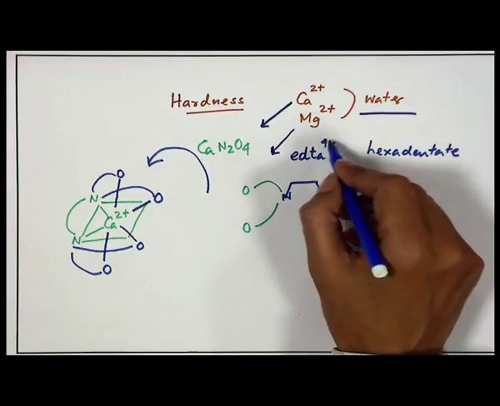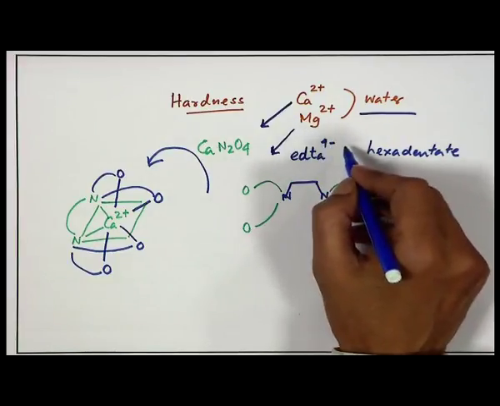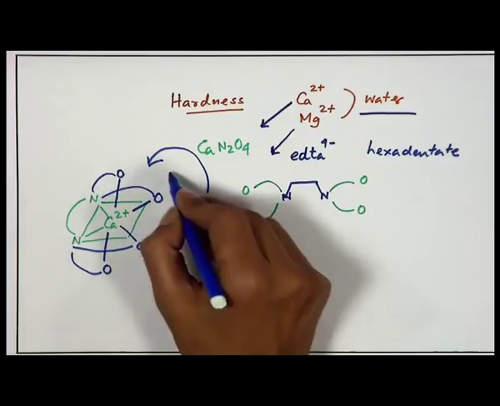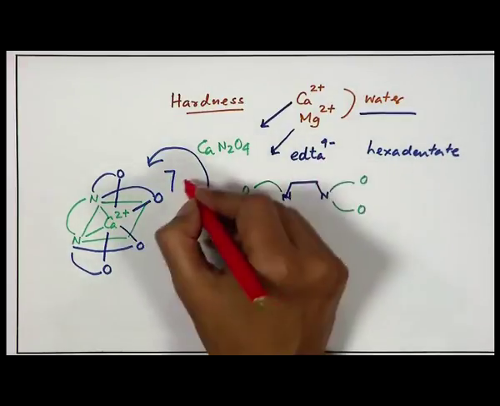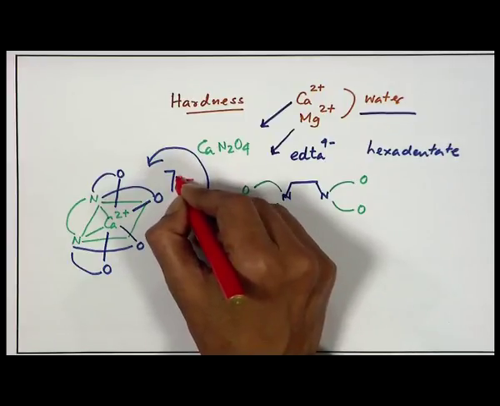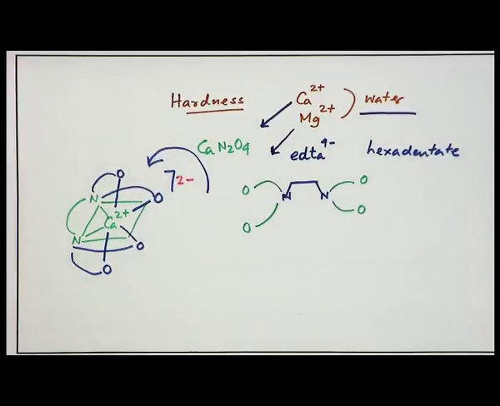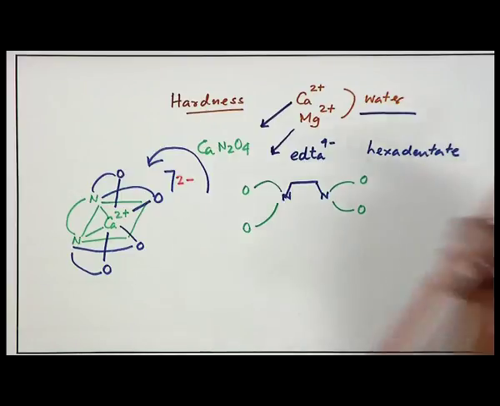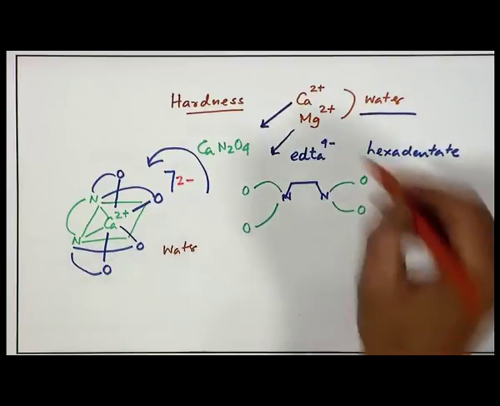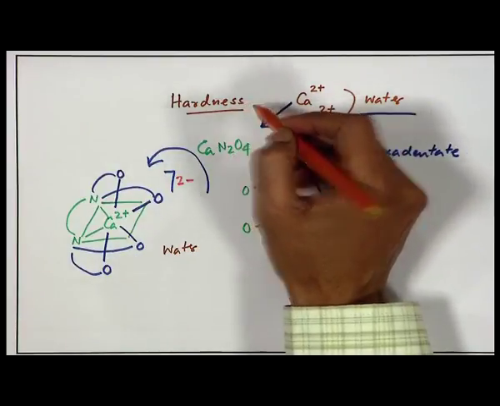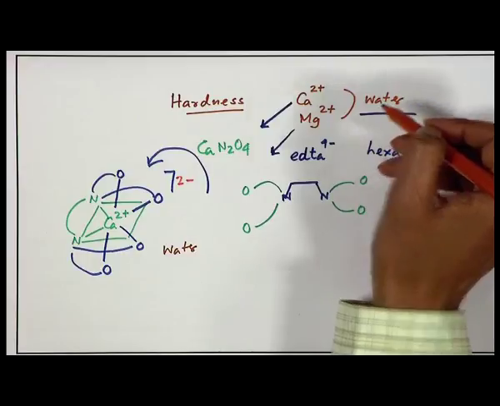This particular one will have a total charge of 4-, and calcium has 2+. So, overall we have a charge of 2-. We are talking about all these things as the corresponding species forming in water, because we are determining the hardness of water which is contaminated with calcium and magnesium.